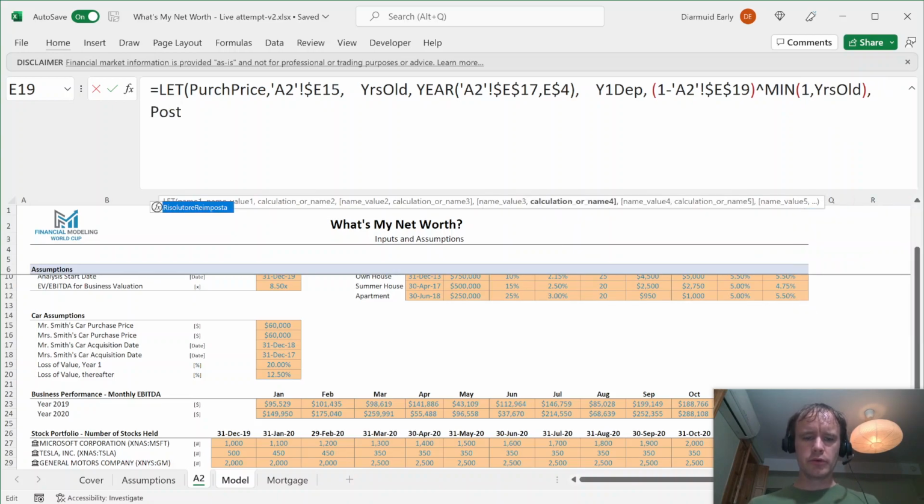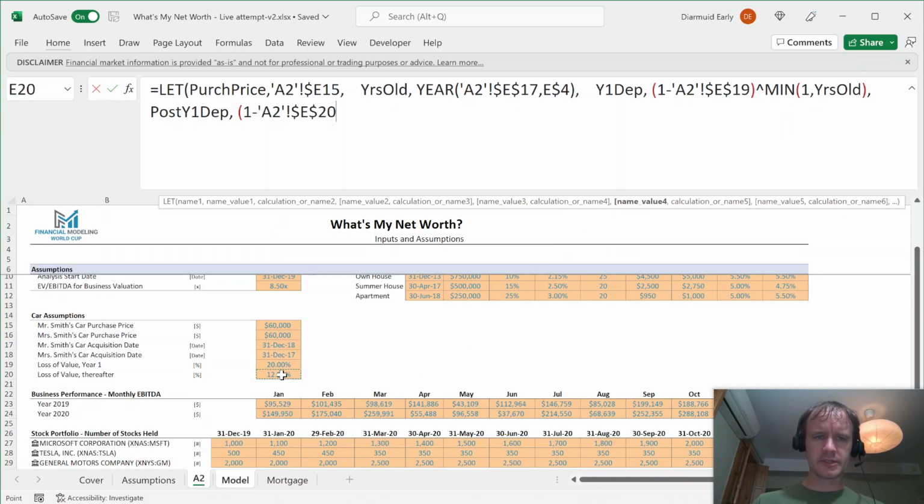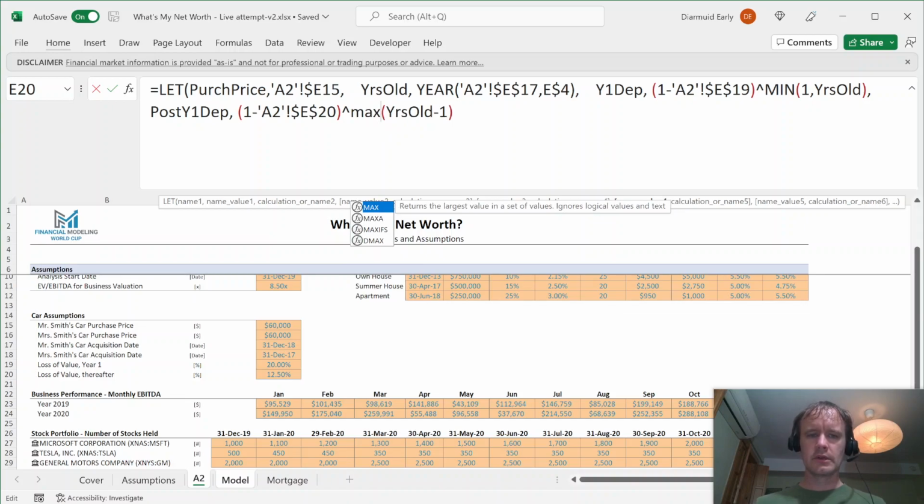Then I want post year 1 depreciation, and that's going to be 1 minus this guy, 12.5%, to the power of, again, the number of years after the first year. So simplistically, that would be years old minus 1, and in this case, that would actually work because these are both at least a year old, but you want to allow for the possibility that one of them will be less than a year old, so that these assumptions can be varied later.